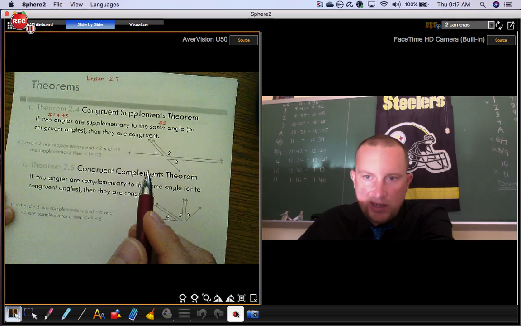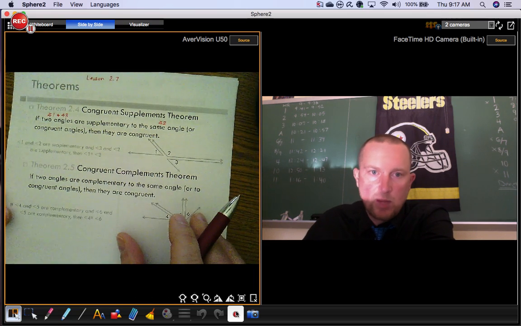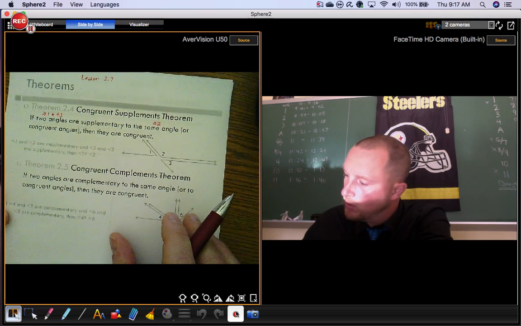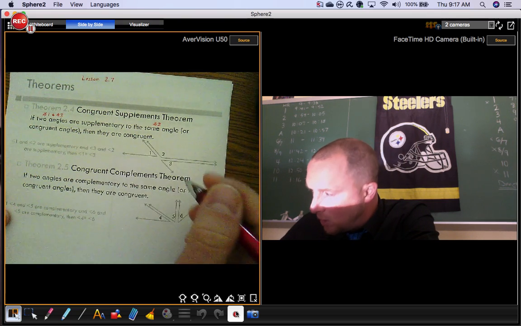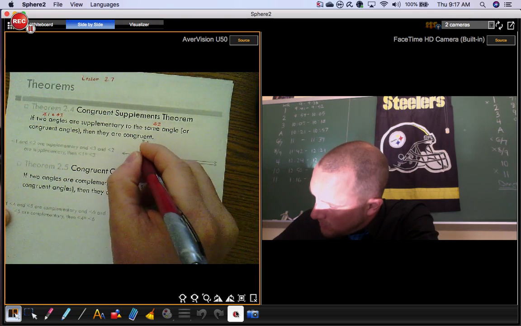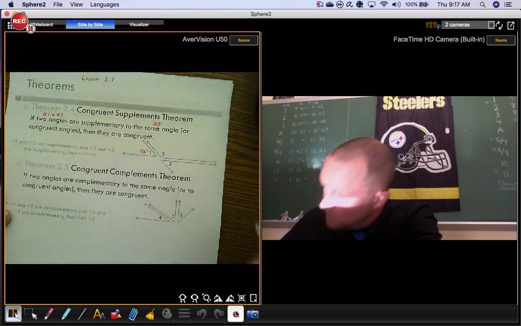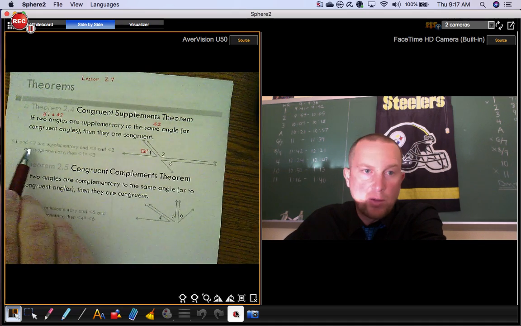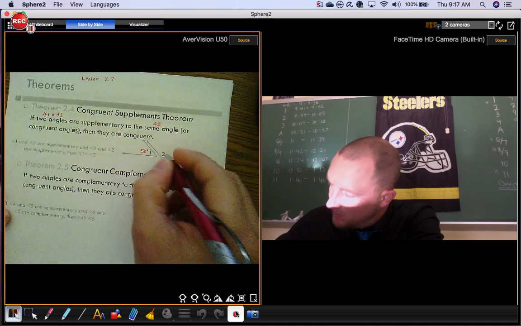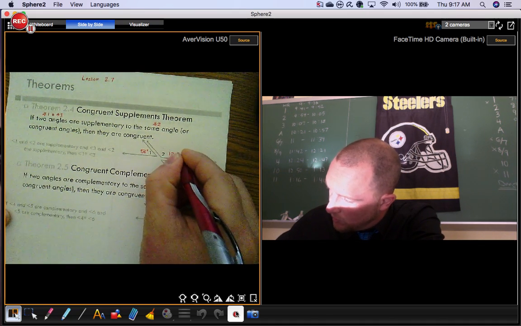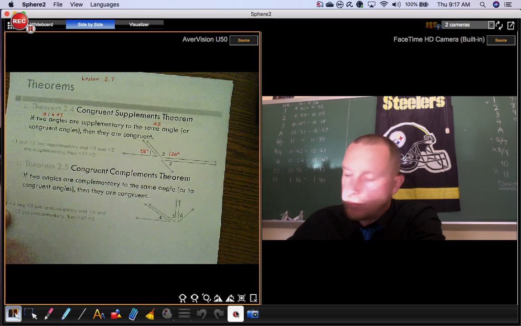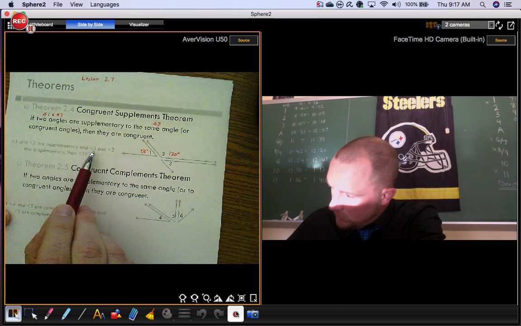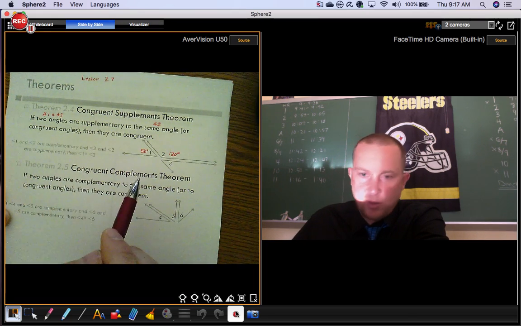If you don't see it, I'll use some numbers for the measures to help. I'm going to say that angle 1 is 50 degrees. I know that angle 1 and angle 2 are supplementary, so that means that angle 2 must be 130 degrees. Angle 3 and angle 2 are also supplementary.